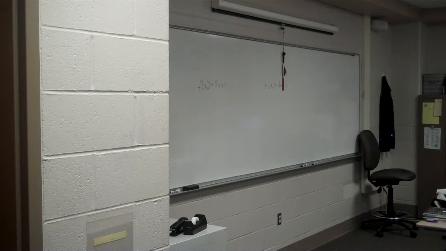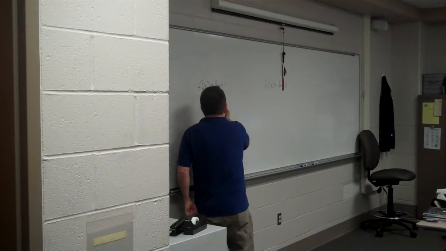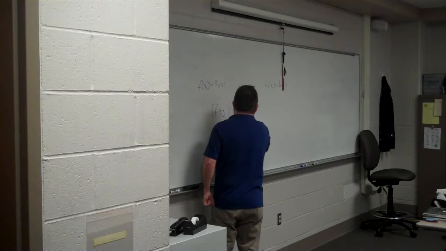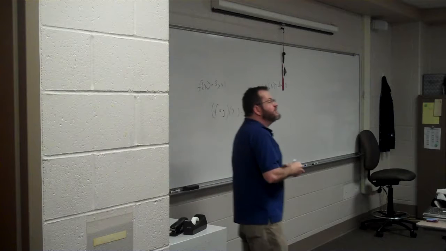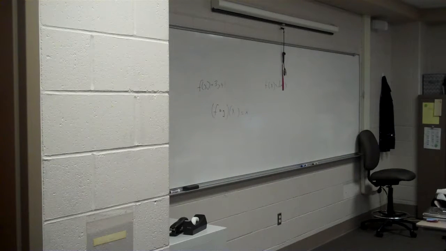We learned this back in late August, about composite functions. If f and g were inverse functions of each other, f of g of x was just x, because whatever the first function did, the other function undid. Like if f of x was add 3 and g of x is subtract 3, one just undoes the effect of the other.